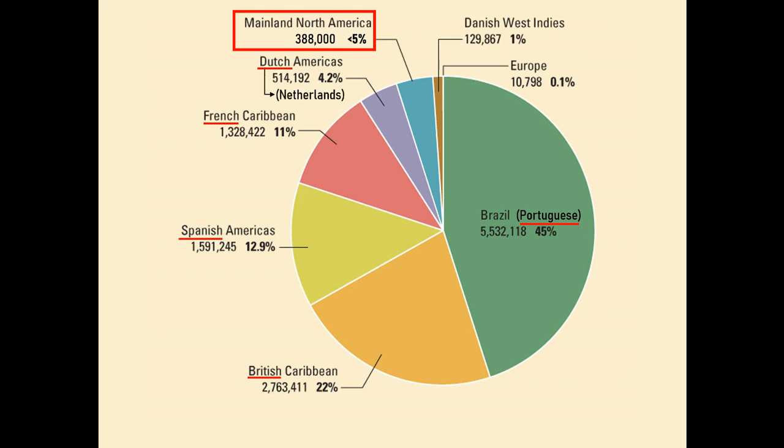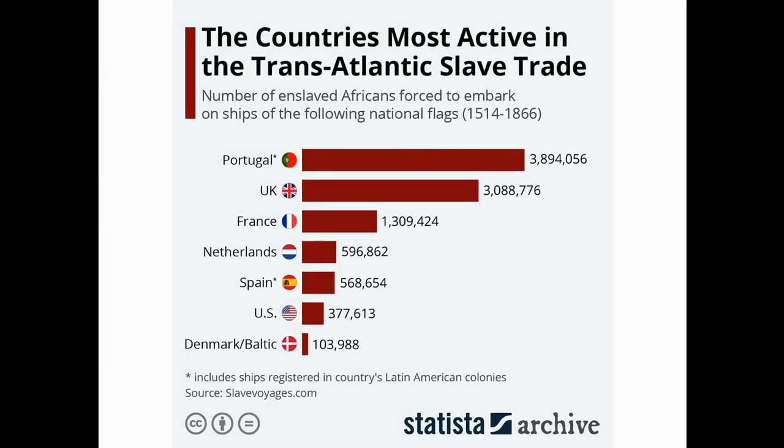Don't ask me why we call them Dutch, because that doesn't sound anything like Netherlands, but oh well. We can see the same information in this bar graph. And again, Portugal is the big one, followed by the UK, which is the modern name for Great Britain, and then France, the Netherlands, and Spain. There are some subtle differences between these two infographics, but the important thing for this lesson is that you know these are the 5 big slave trading countries.